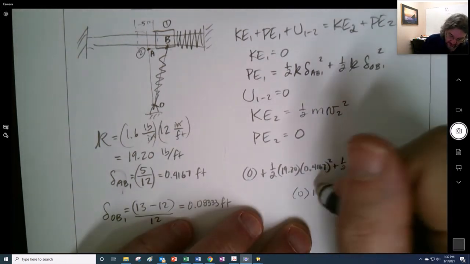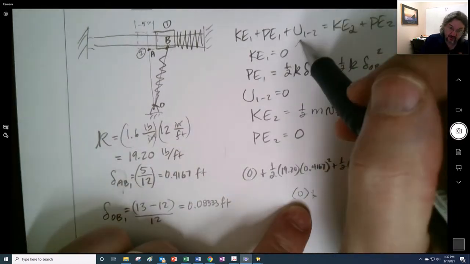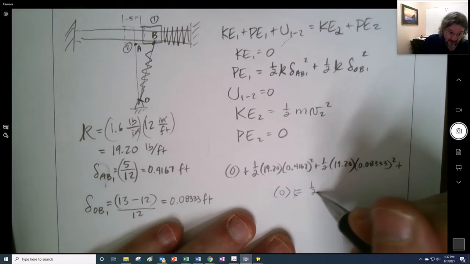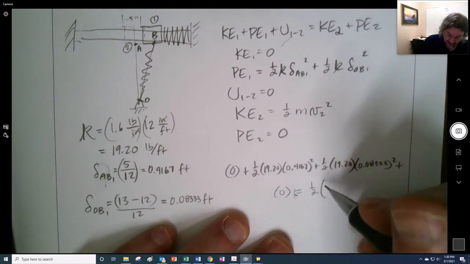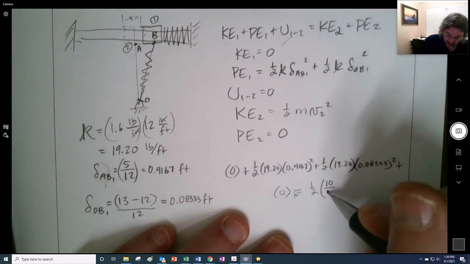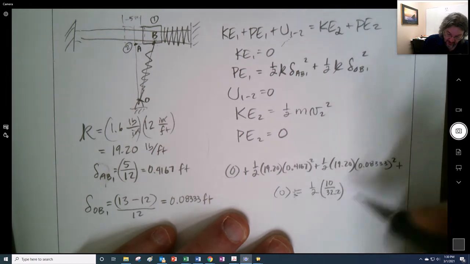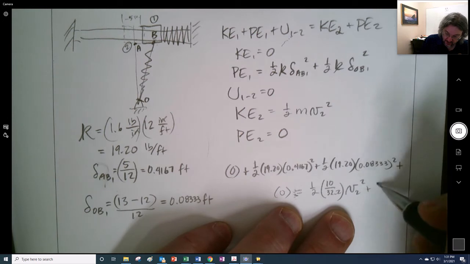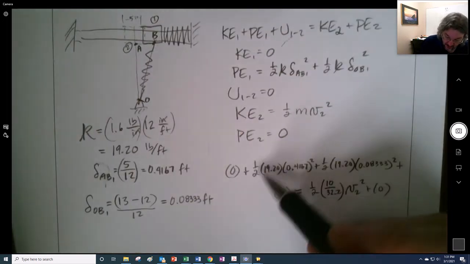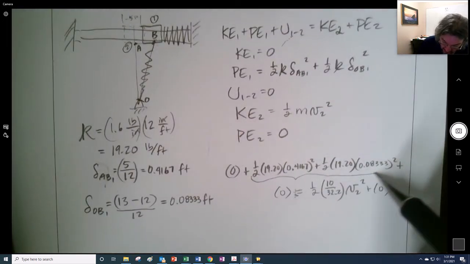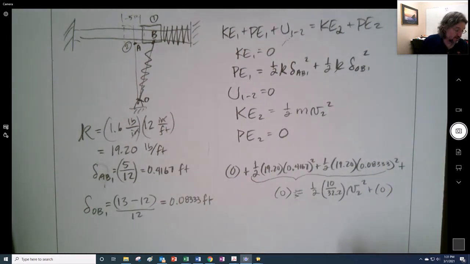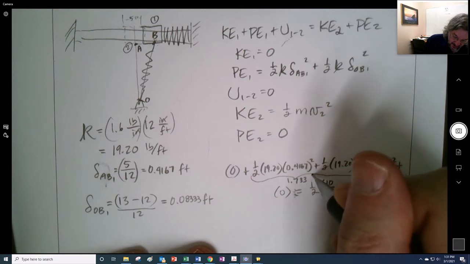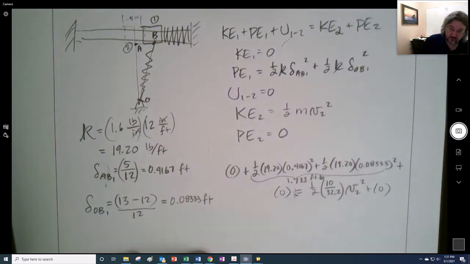It's going to be equal to 1/2, mass of this thing is 10 divided by 32.2 to get the mass, times V2 squared, and then plus 0. All right, so if you were to take all of this right here, what you would find is you would get 1.733, and these would be foot-pounds right there.